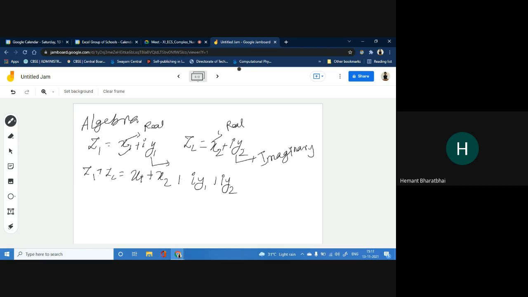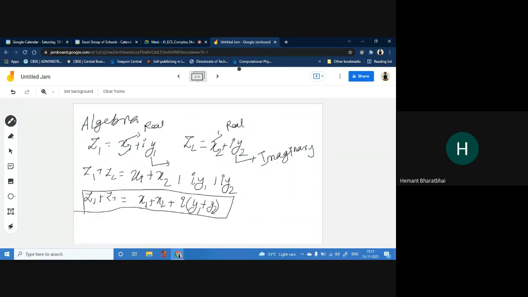Therefore, I can write this as Z1 plus Z2 is equal to X1 plus X2 plus, from here i and i can be taken as common.